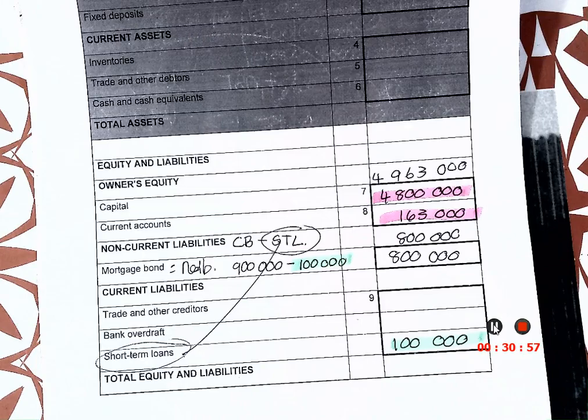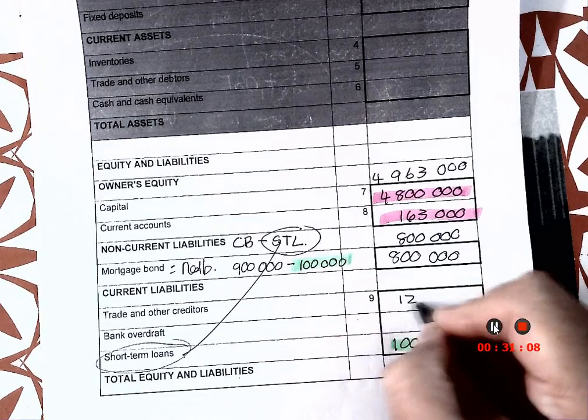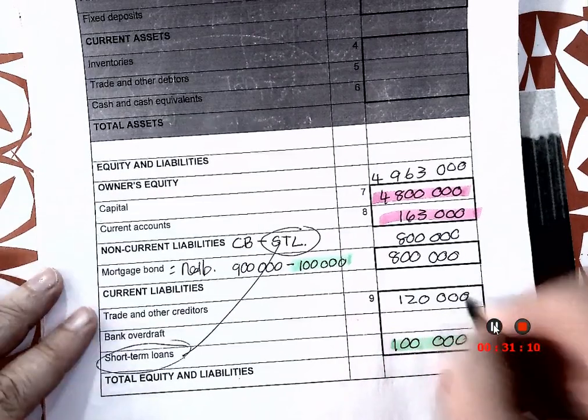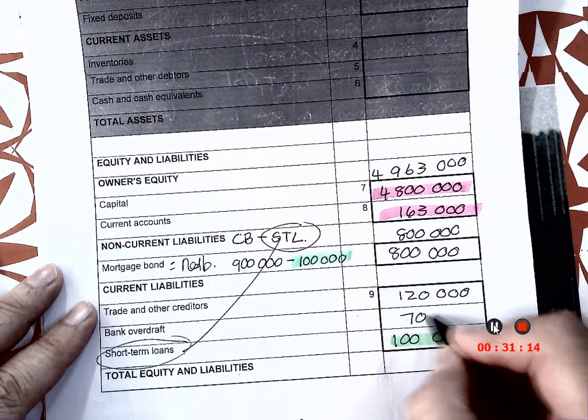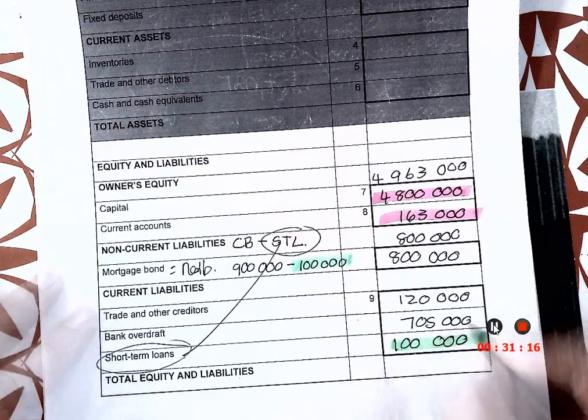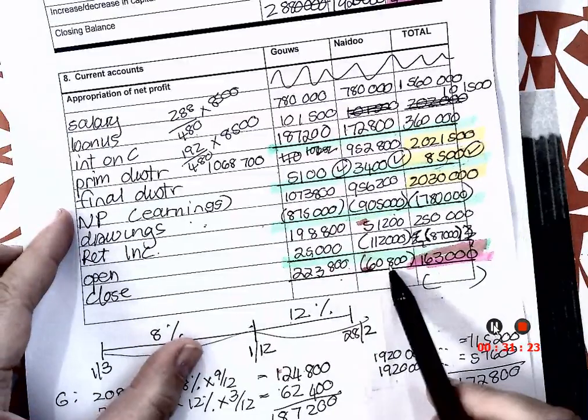So now let's go on. I see here also they give me, I'll be with you now, creditors 120, and they give me a bank overdraft of 705. Can you see? And I need you to link this. Remember what I told you, what is my problem with this guy taking more than he earned?